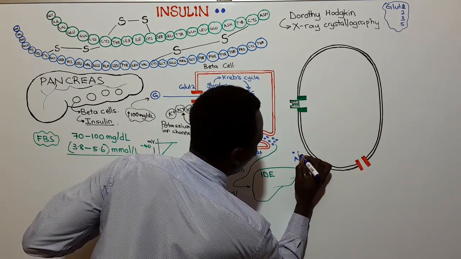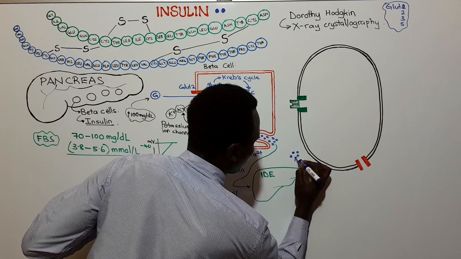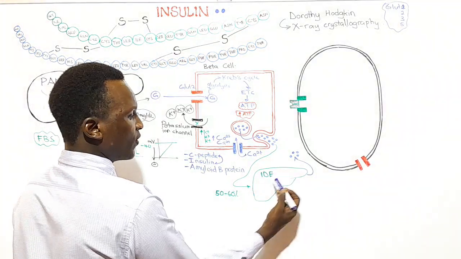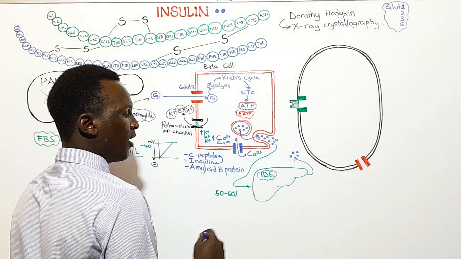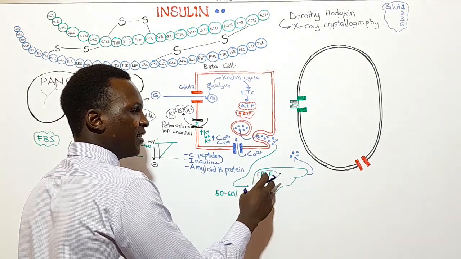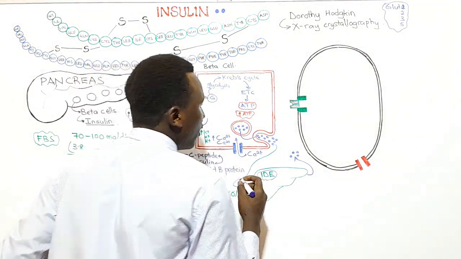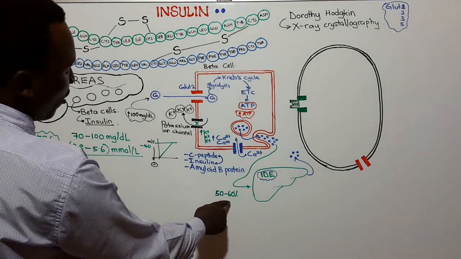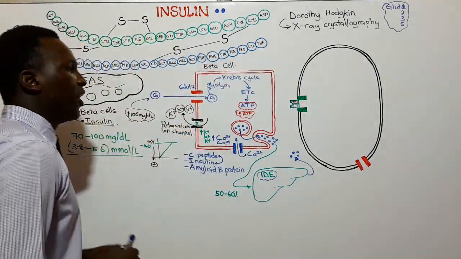The most important thing that you should know about the transition between these steps is the insulin degrading enzyme, which is a zinc metalloproteinase. So when you subtract 50 to 60%, you are left with 40 to 50%, and this insulin will go to the different organs.